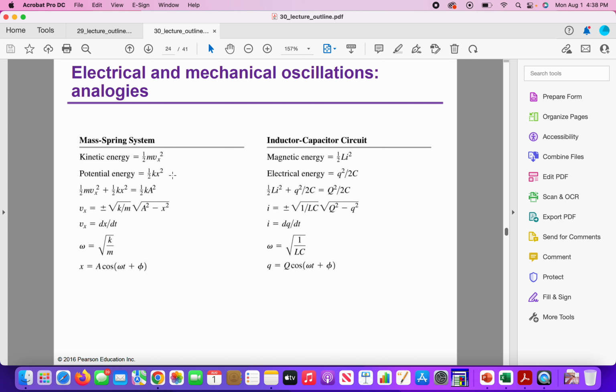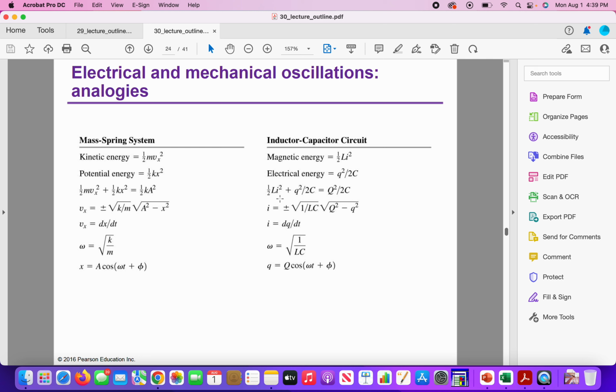The potential energy is 1/2 k x squared, and the electrical energy is 1/2 q squared divided by C. Conservation of energy: kinetic plus elastic potential energy equals the energy at the ends, and here it is the same: 1/2 L i squared plus q squared over 2C equals Q maximum squared over 2C.